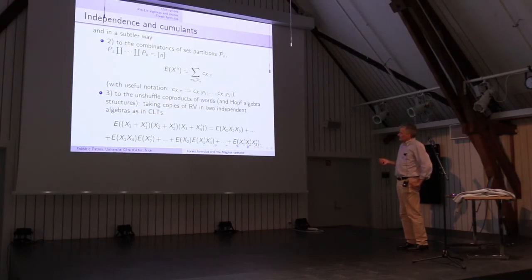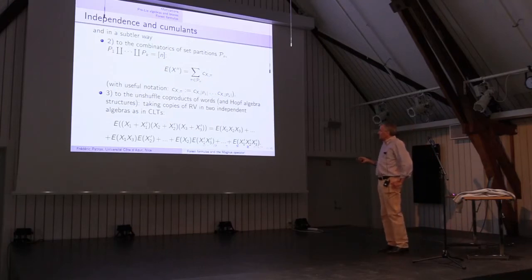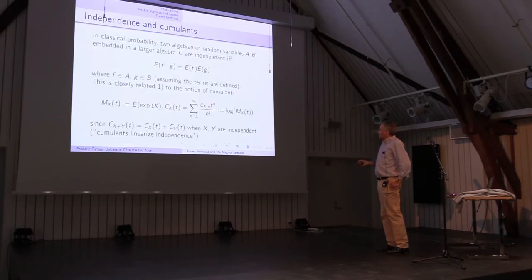So if you expand the momentum of order n of x as a sum of these terms, where I use this notation: if I have a partition pi with components p1 to pk, this term is the product of the cumulants indexed by the number of elements in each block p1 to pk. So this expression is equivalent to the previous one by means of exponential generating series.